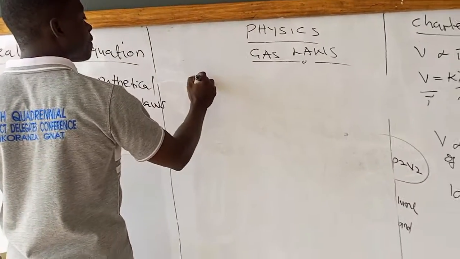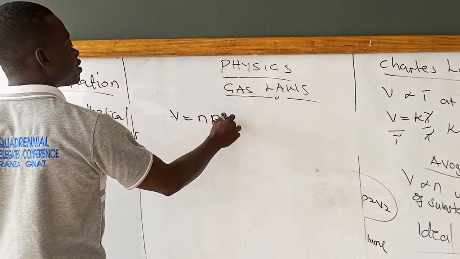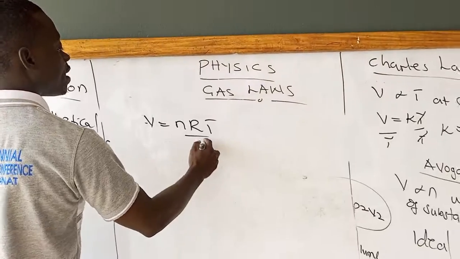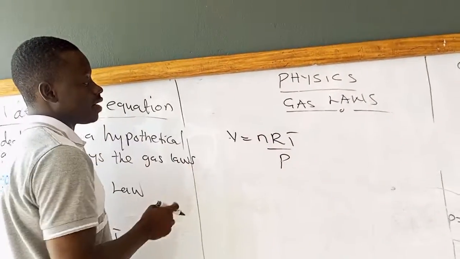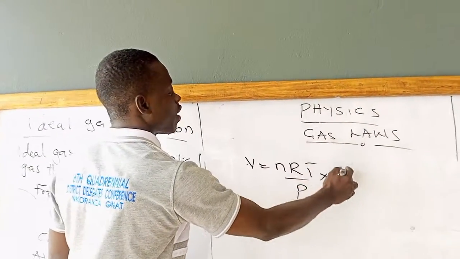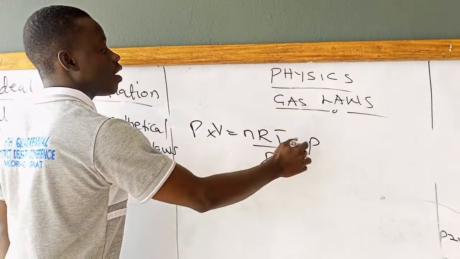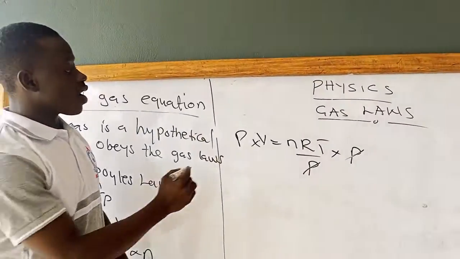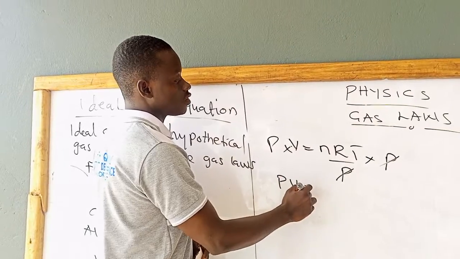We say V is equal to nRT all over P, but we have to factorize this. So we take P across, where we have PV is equal to nRT.